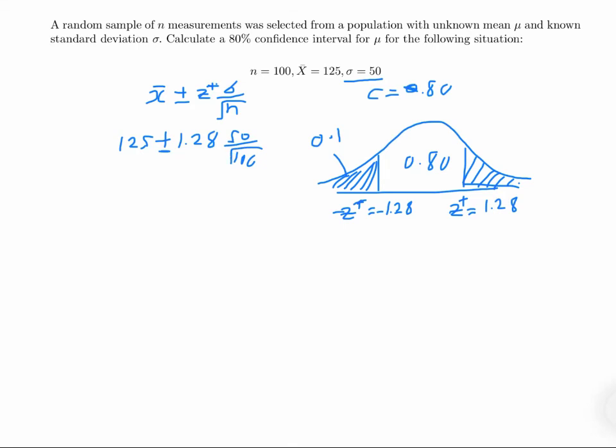So 125, then this should be 1.28 multiplied by 5, which is 6.4. Therefore the confidence interval is 118.6, 131.4. So that is the confidence interval for this problem.